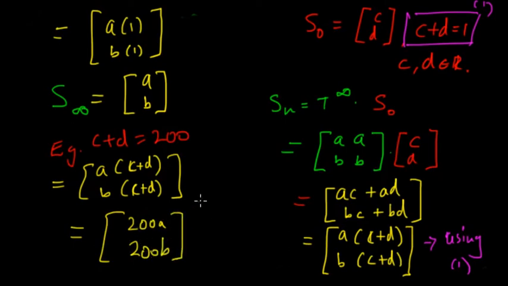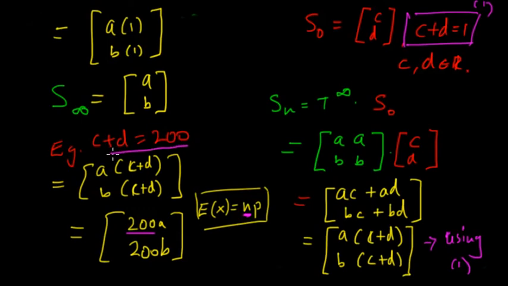And relating this back to the formula, this shows us once again that N times P holds. That it was a probability times N, where N is the total number, and the probability P is equal to A, B, which is derived from here. And you can see that this does hold, where NP is that, and when we sub it into the transition matrix we can see that the result is the same.